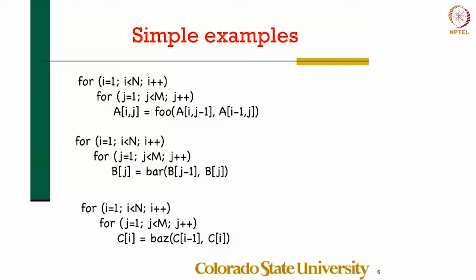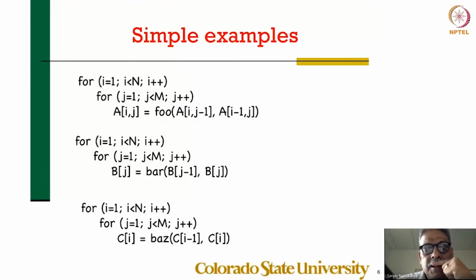So it actually goes from 0 to m minus 1. Right? And the data space for the third example is, again, a line segment going from 0, this time up to n minus 1. Okay?